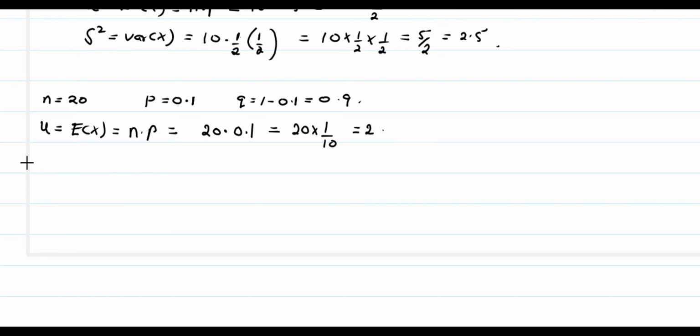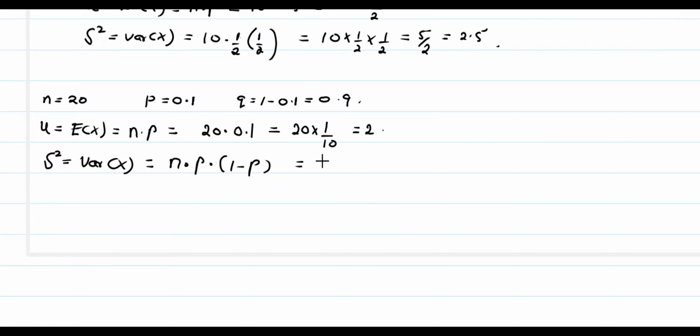Then the variance, sigma squared, which I can also call Var(x), is n multiplied by p multiplied again by 1 minus p.